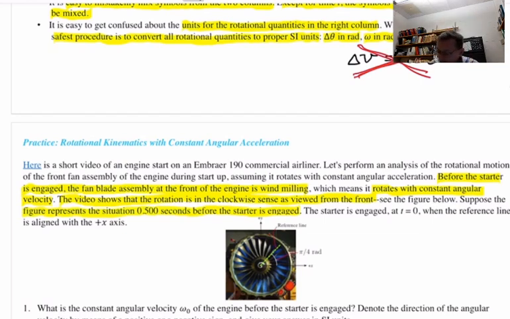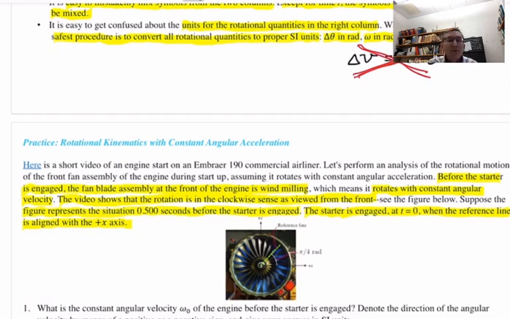We're also going to assume that the starter is engaged at t equals 0 when the reference line, the green line in the figure, is aligned with the plus x-axis. Notice then that this picture shows that reference line at an angular position of pi over 4 radians. So that's the angular position of the fan a half second before the starter is engaged.